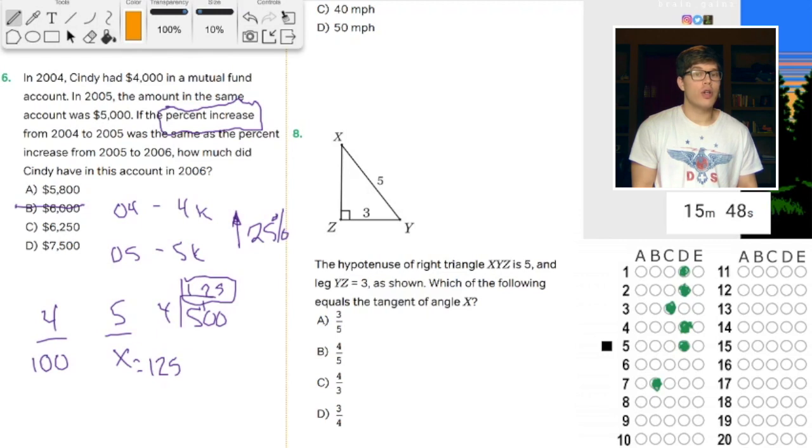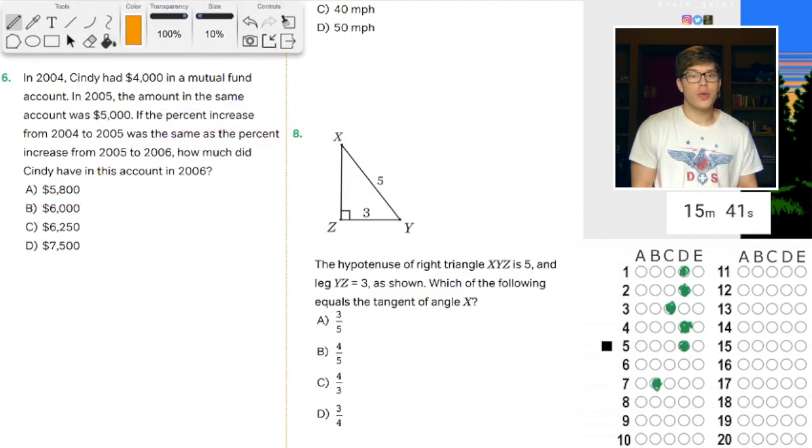So we need to know what 25% of $5,000 is. So what can we do? We can do, again, 5 over 100, 25 over x. We can multiply, we get 125, and then divide by 100, 1.25. Now, I'm using small, simple numbers.